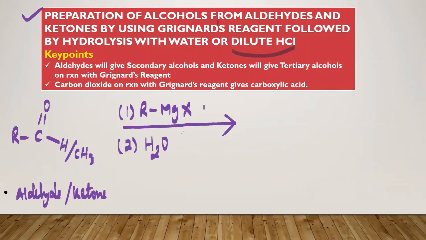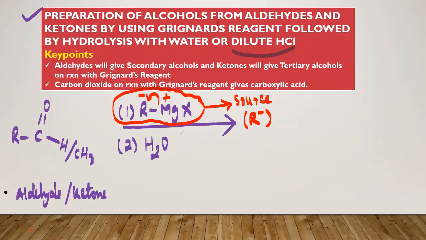First of all, you must know that Grignard's reagent is the source of R minus.